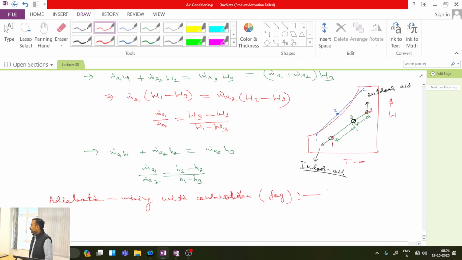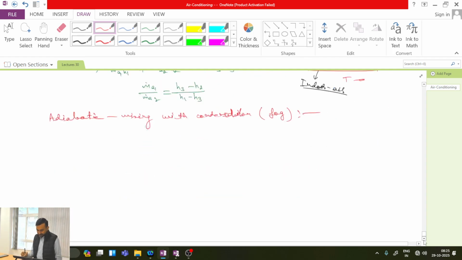What will I get? See, I am crossing the 100% saturation state. What does it mean? It means that water content is even more than the saturated state. But can moist air hold water content above the saturated state? No. So what will happen? I will get two components. Let me again draw this process and explain to you in detail.